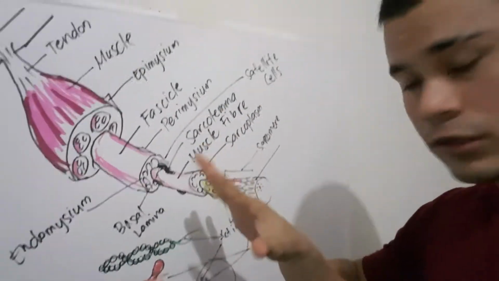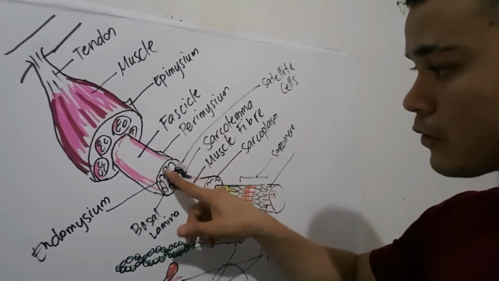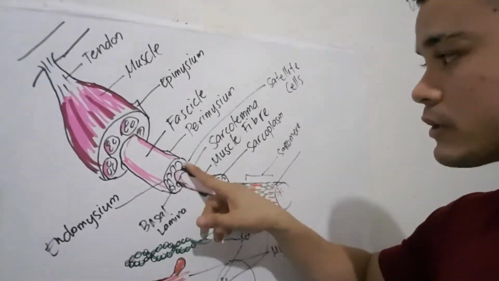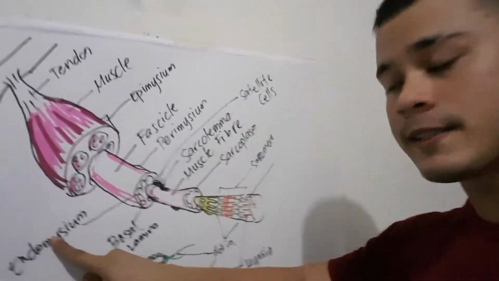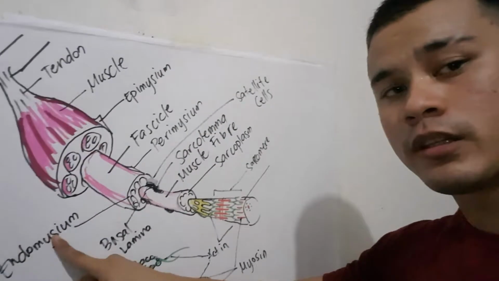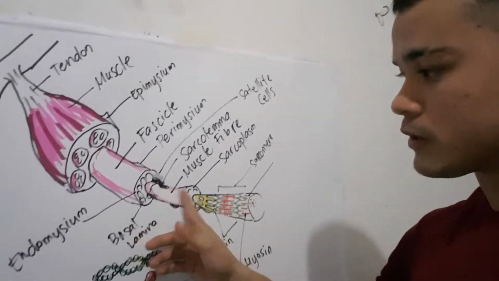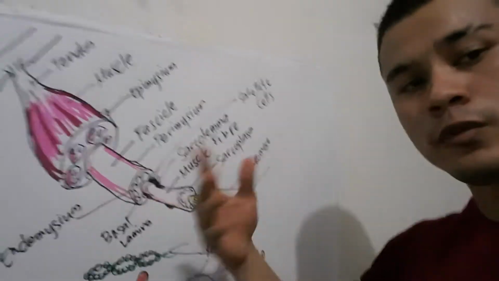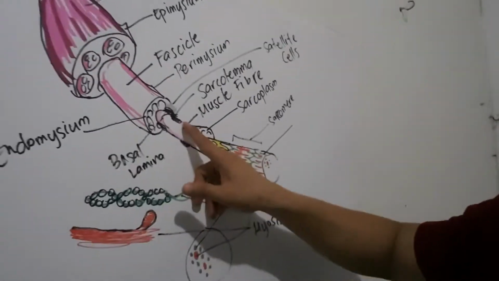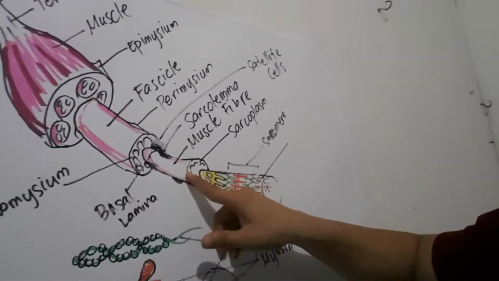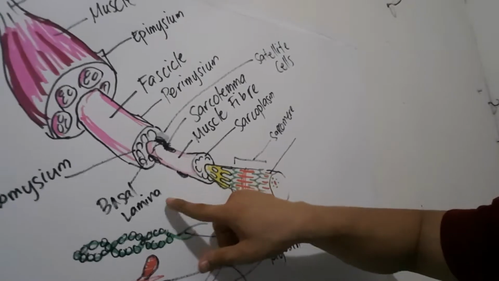The connective tissue that surrounds the muscle fiber is called the endomysium, and the endomysium contains the extracellular fluid and the nutrients for the muscle fiber. So we would assume that the glycogen is stored over there. And in the muscle fiber, we can see that there is the nucleus.